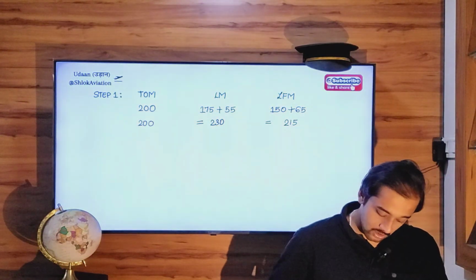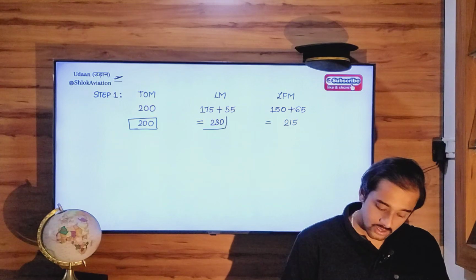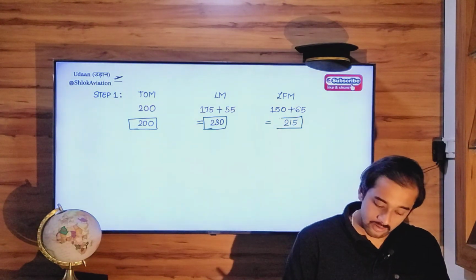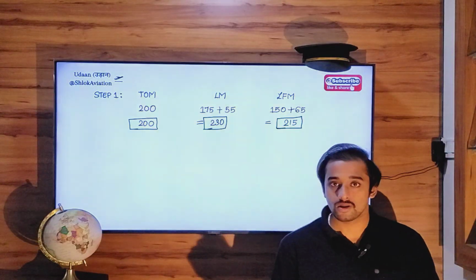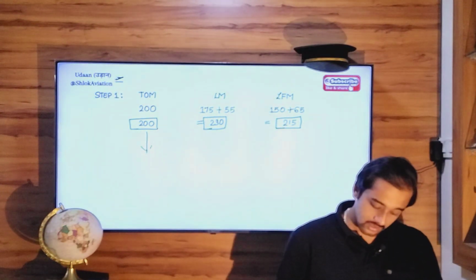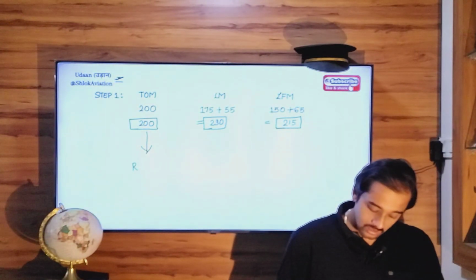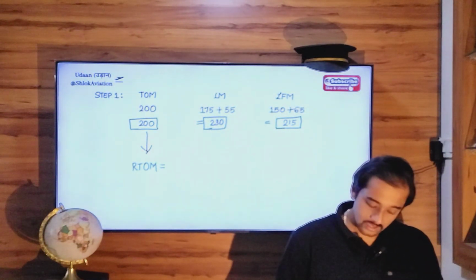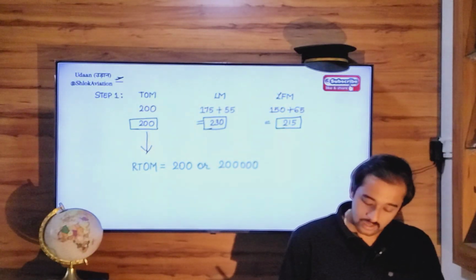So these are the three takeoff values: 200, 230, and 215. Out of these three, you have to select the lowest one. So here the lowest takeoff value is 200. So you are going to take off with 200, which is nothing but 2 lakh kg.